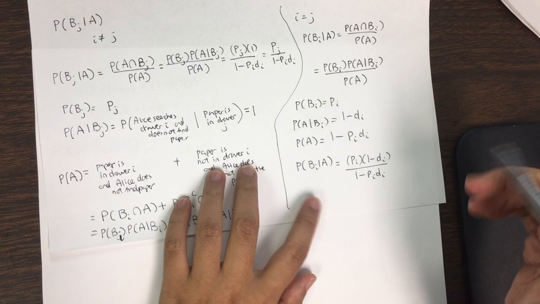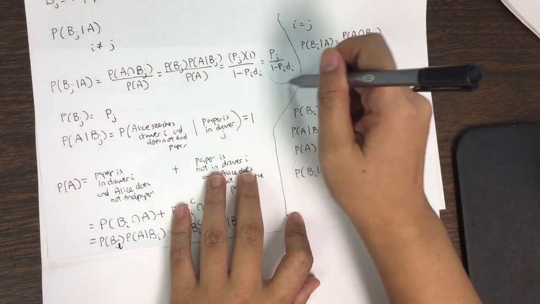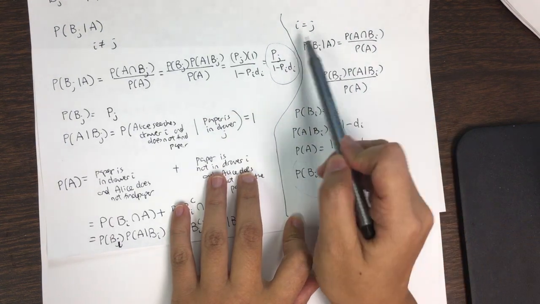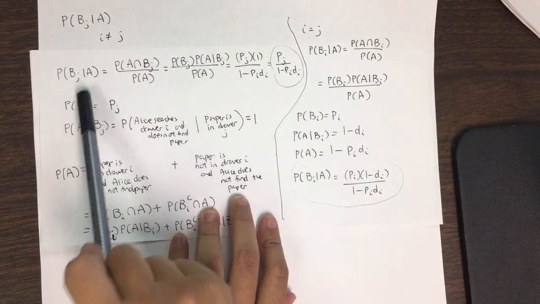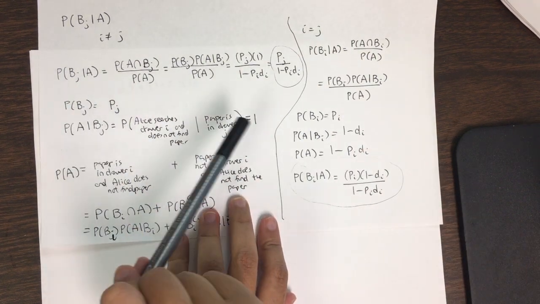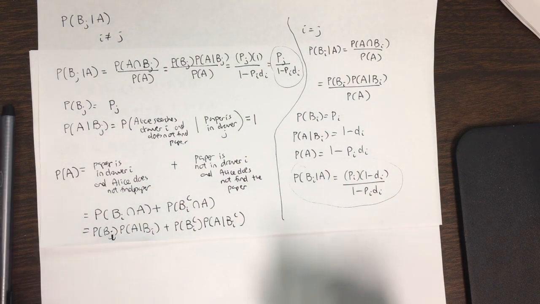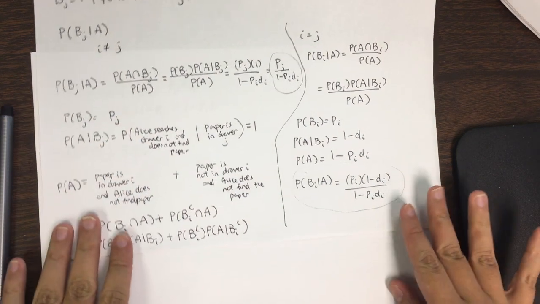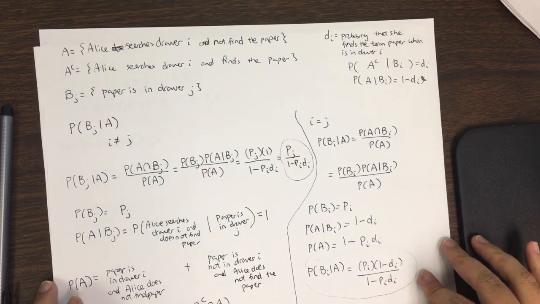You can see that this is not the same as the earlier result, because here we're asking if the term paper is in the drawer that Alice searched, whereas there we're asking if the term paper is in a drawer where Alice did not search. Okay, that is very similar to how you can do the first problem in the graded section.